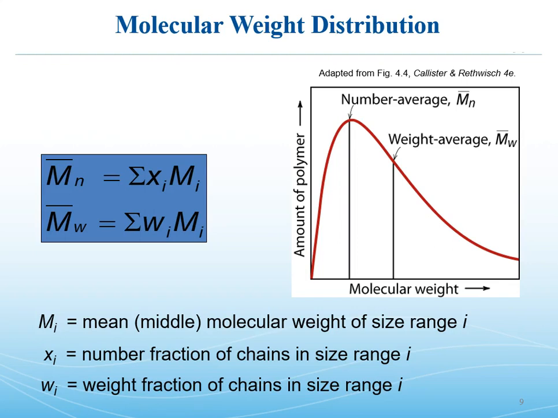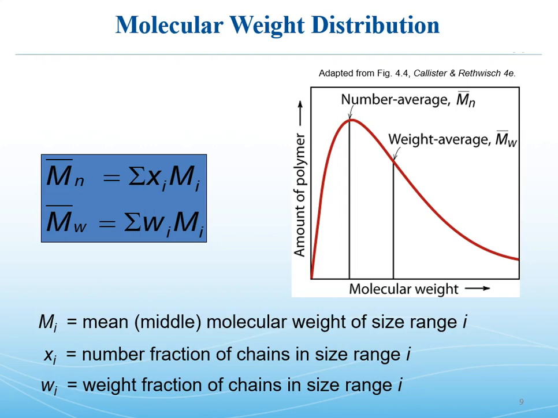So in this case you have M sub n with the bar, meaning number average molecular weight, and it is the sum of the number fraction of chains of any given size or size range times the molecular weight of that size range. So if we had 10 polymer chains in our sample, any one polymer chain with any given size, its number fraction would be 0.1.